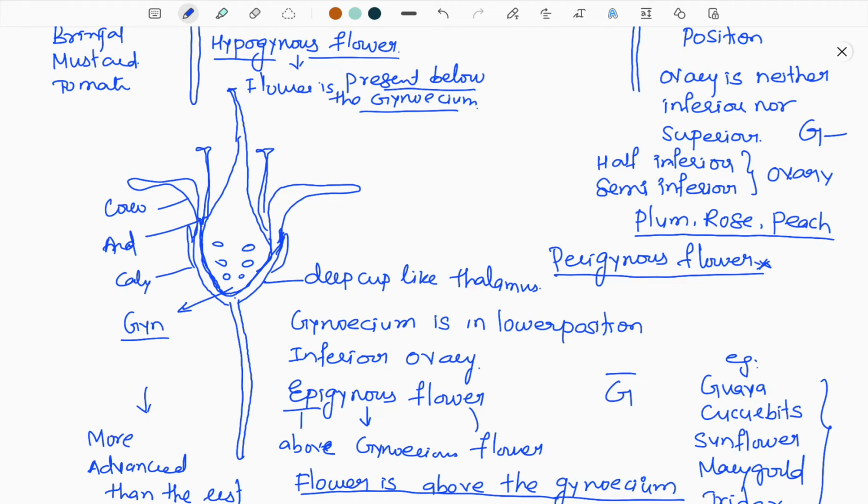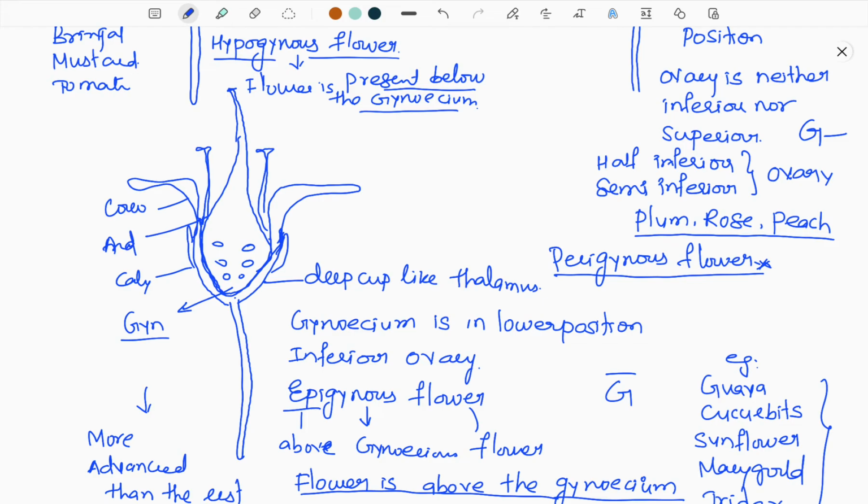Because we know the flower is a modified stem for the purpose of sexual reproduction. So, in a flower, what is the persistent part? Gynoecium is the persistent part, because the gynoecium is going to give rise to the future fruit, future seed, as well as the future generation.